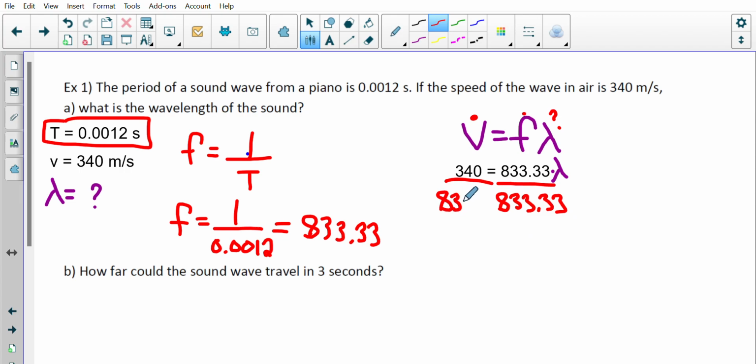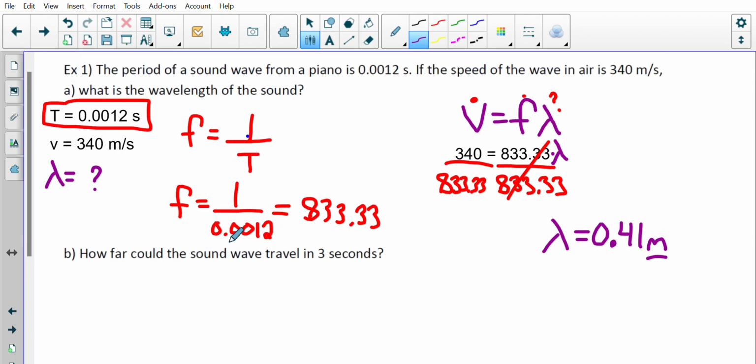So I divide the other side by 833.33. Those divide each other out, and all I have is lambda equal to 340 divided by 833.33. Getting a small number, I get a decimal, 0.41 meters, because everything comes in our standard units.